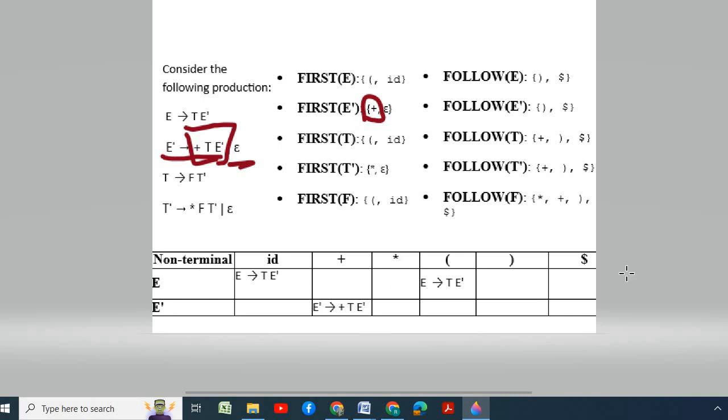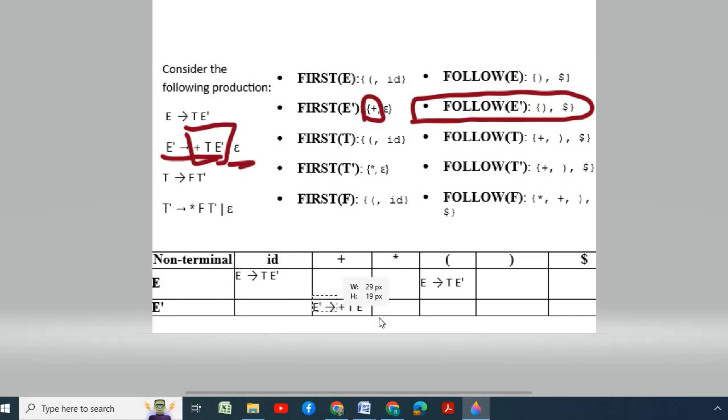But we have to write E dash tends to epsilon. So in order to write such cases, we are going to see the follow. The follow of E dash is close parenthesis and dollar.